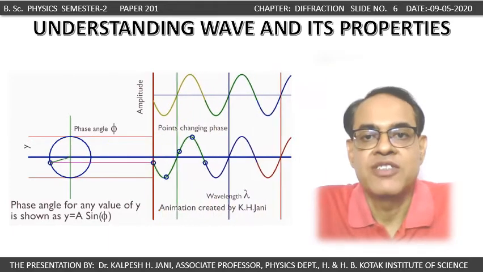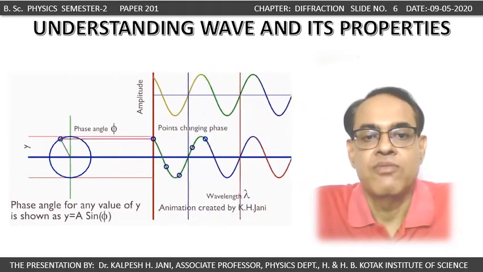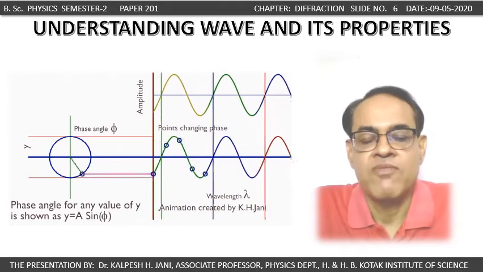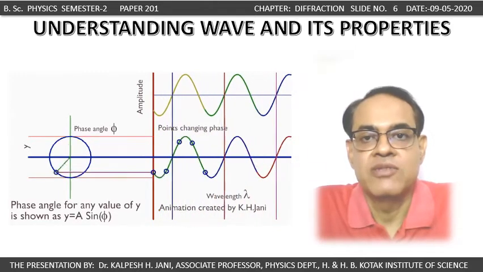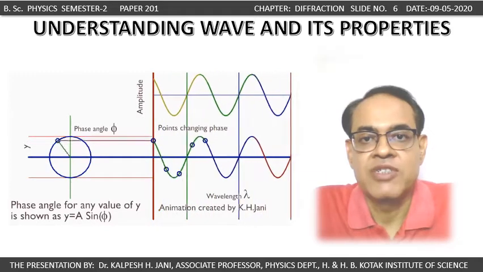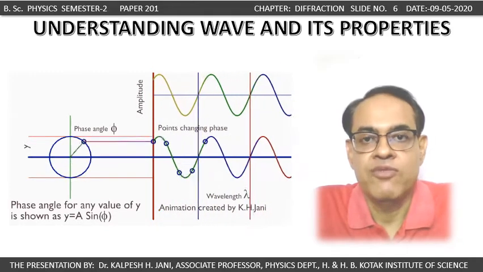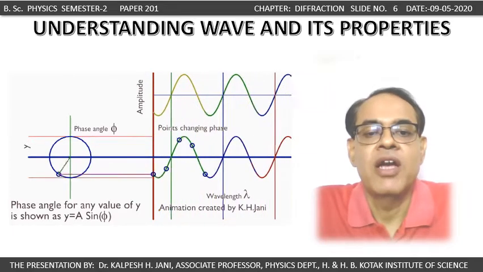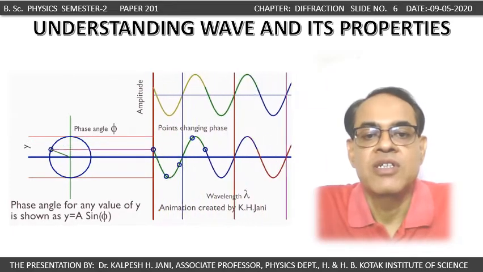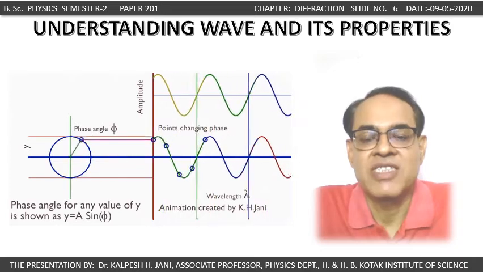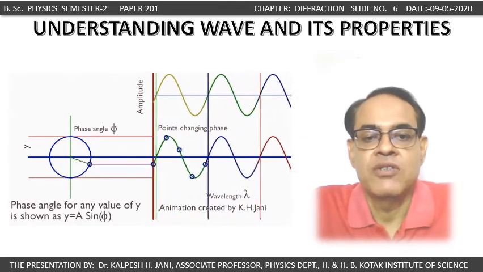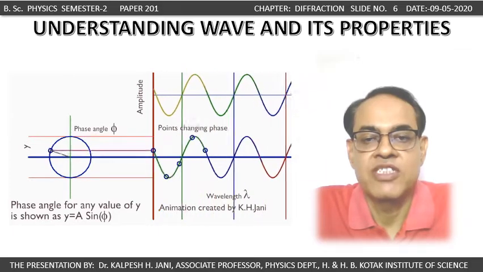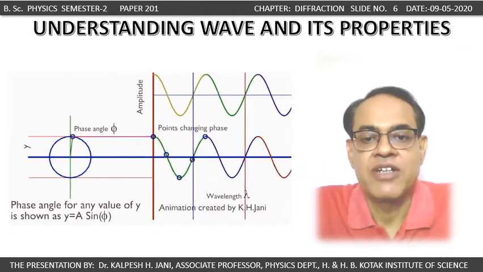The wave has its own velocity of motion. It propagates in some particular direction with some particular value of speed, so it is known as the wave velocity. And the portion of the wave which passes during one complete oscillation of its constituent is known as its wavelength. It is denoted by the letter lambda.